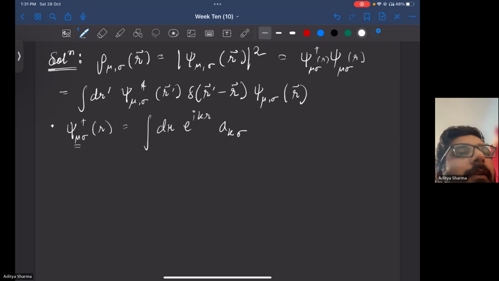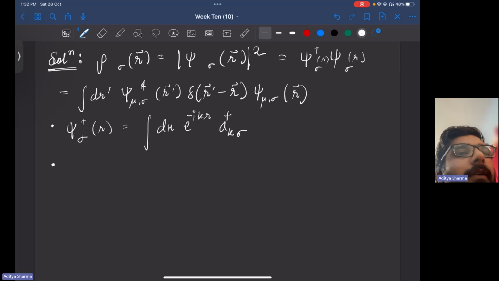So psi has something like this, so psi dagger is something like this.